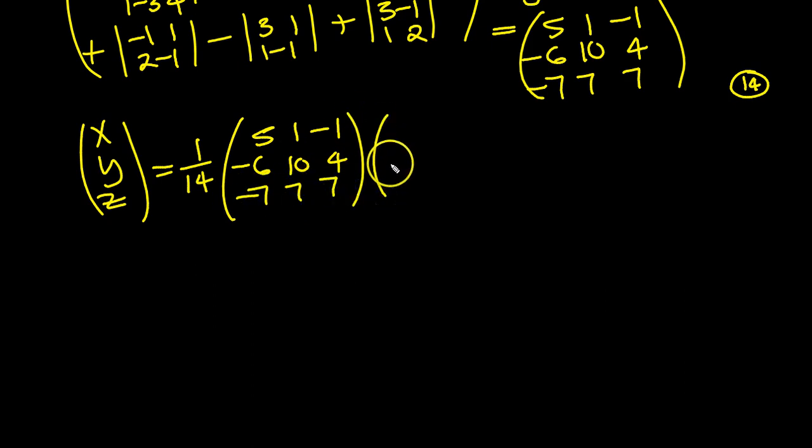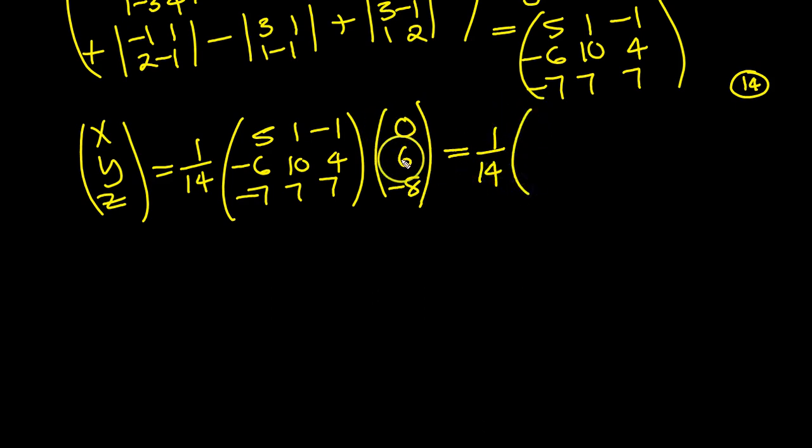We times that by the entries on the right hand side, and it was 8, 7, minus 7, wasn't it? No, it wasn't. It was 0, 6, minus 8. I'll get it right in a minute. So it's 0, 6, minus 8. There we go. So that equals then 1 over 14.